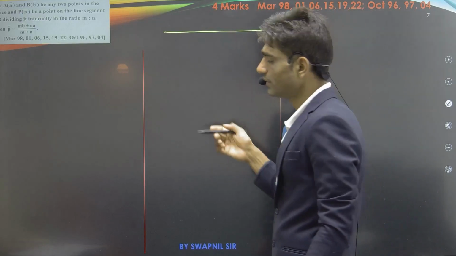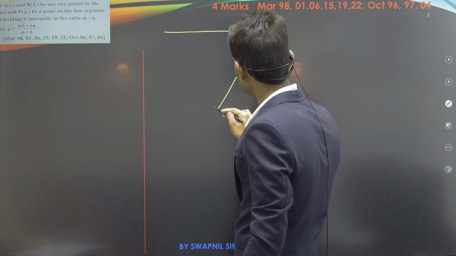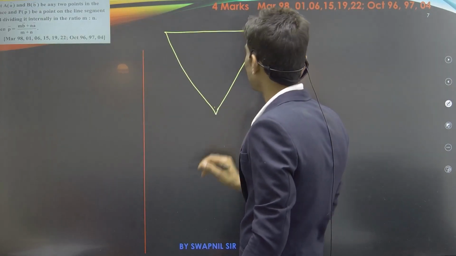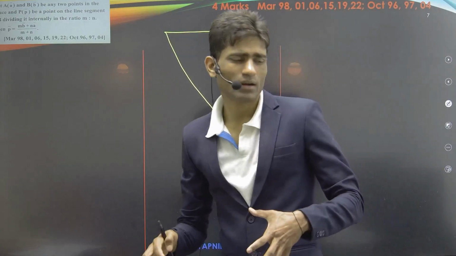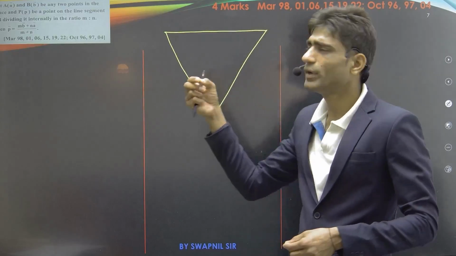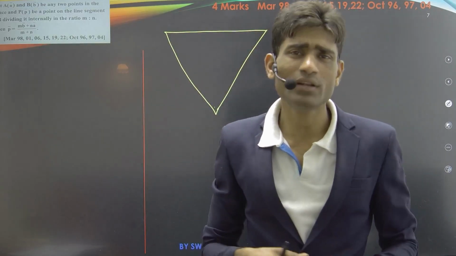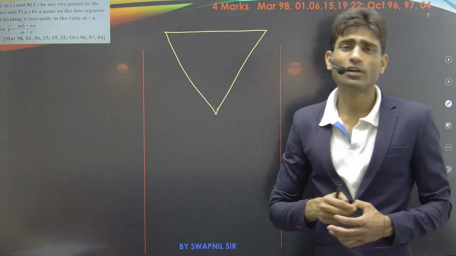I drew that triangle just to show the internal line segment and how it divides our given line segment. Take these two lines just for understanding.